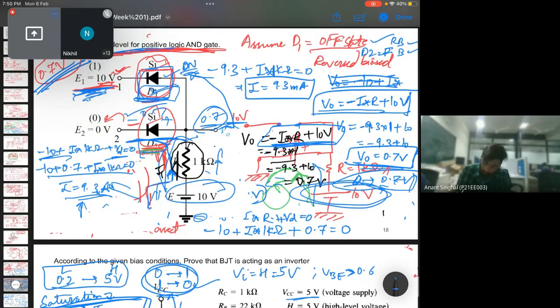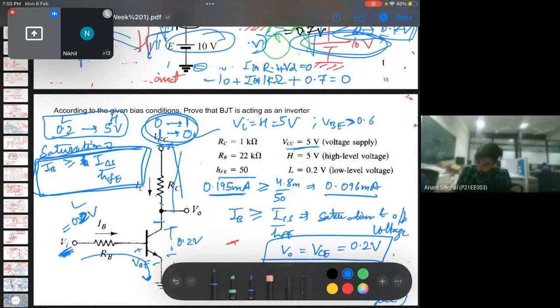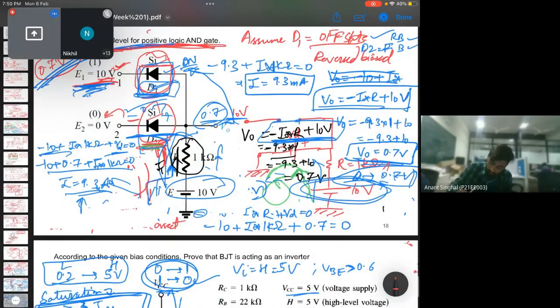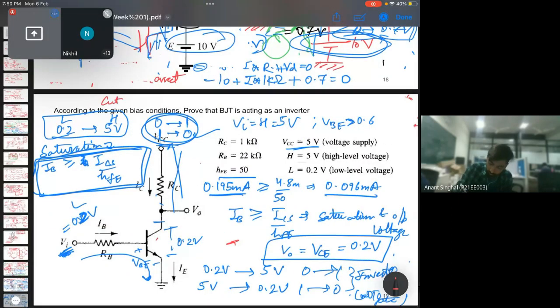This one was important, so maybe I'll try to write it shortly. For cutoff, what was the condition? VB less than 0.6. We'll directly say that the diode is in cutoff.